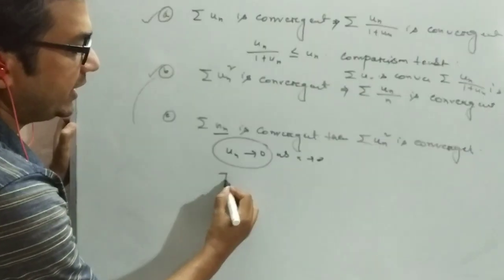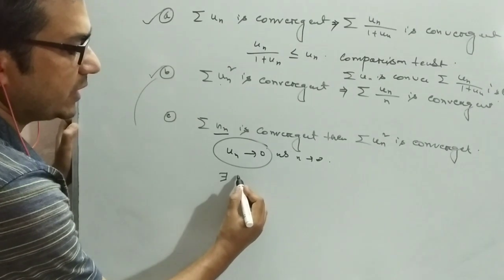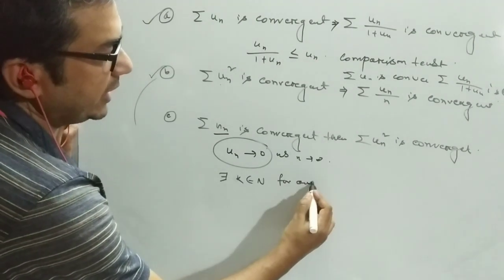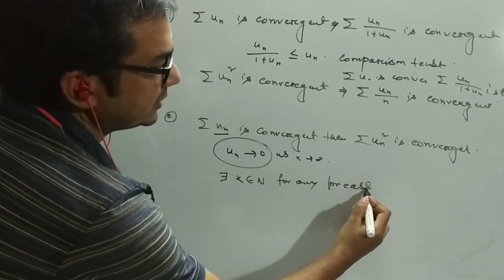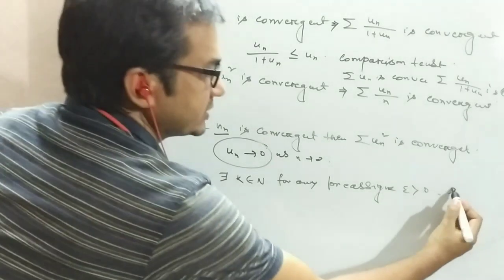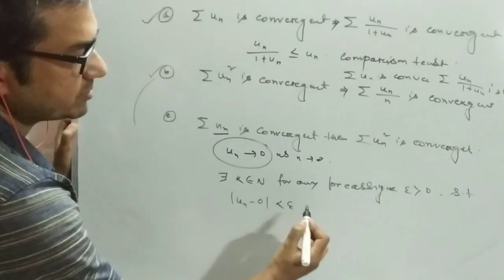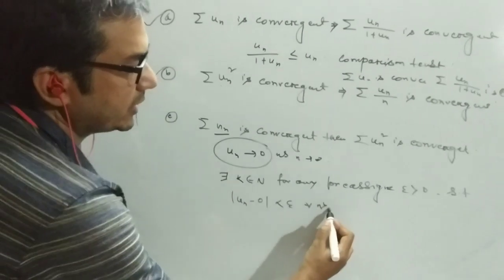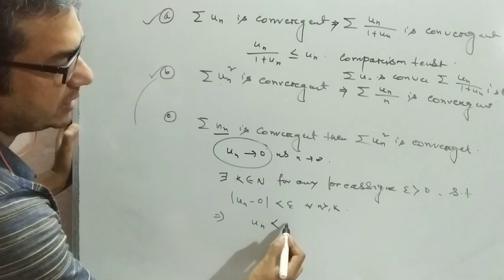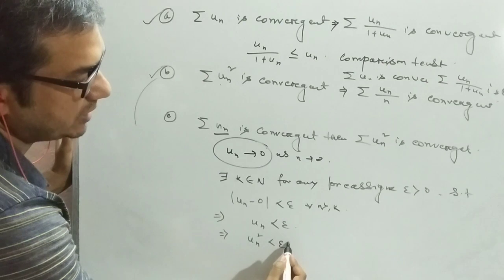There exists a k belonging to capital N, for any pre-assigned epsilon greater than 0, such that mod of un minus 0 is less than epsilon for all n greater than or equal to k. That is un less than epsilon implies un square less than epsilon into un.